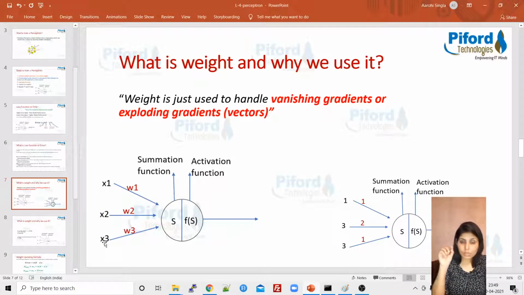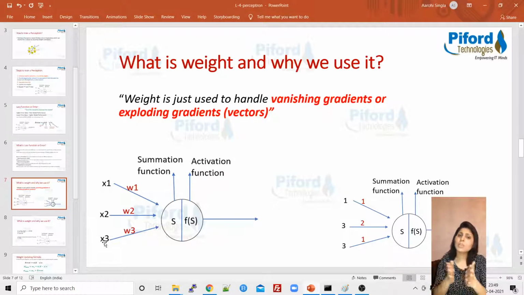So to solve the problem of vanishing gradient and exploding gradients, we use weights. Weights are nothing but random numeric values.